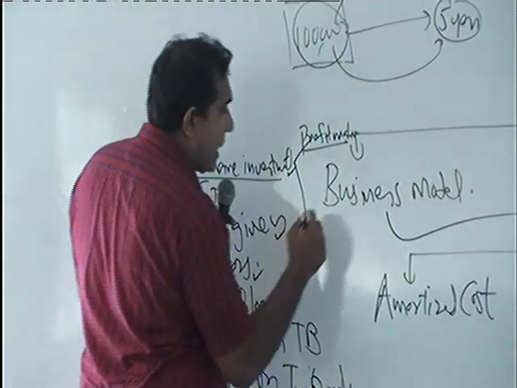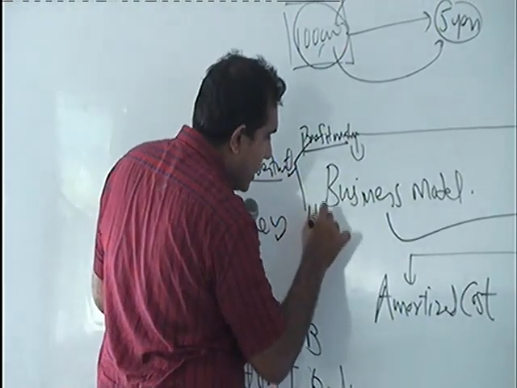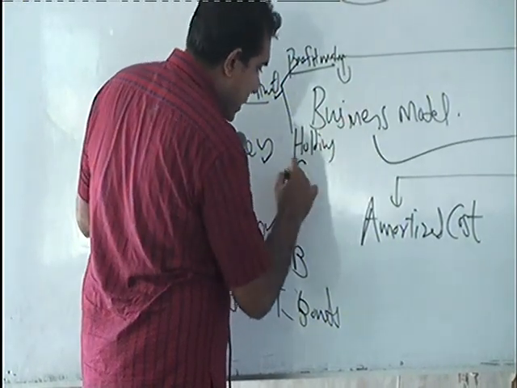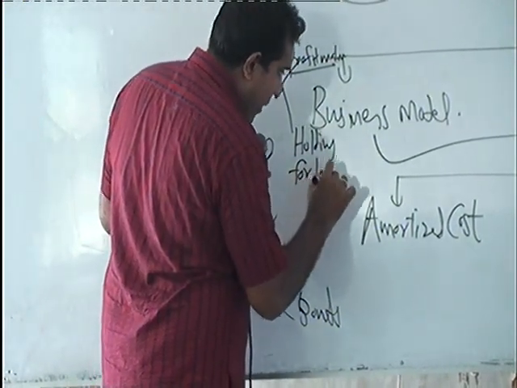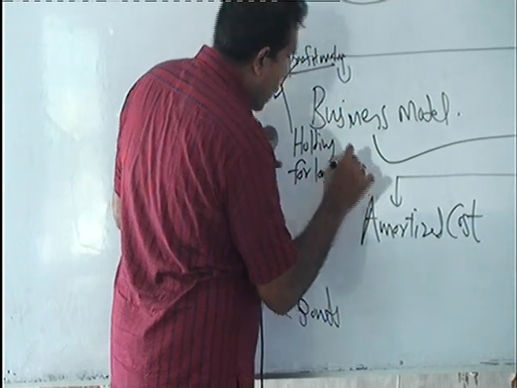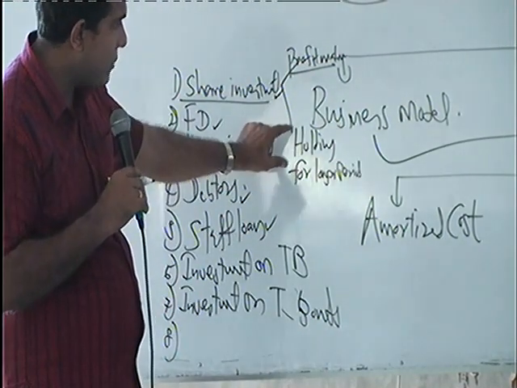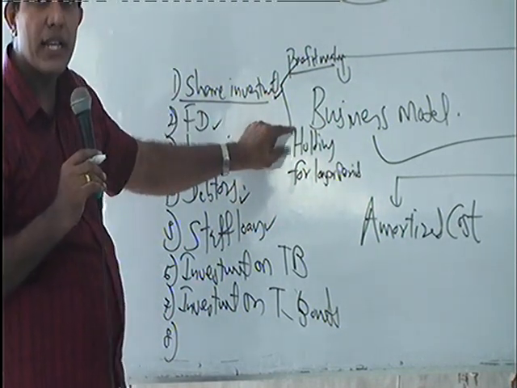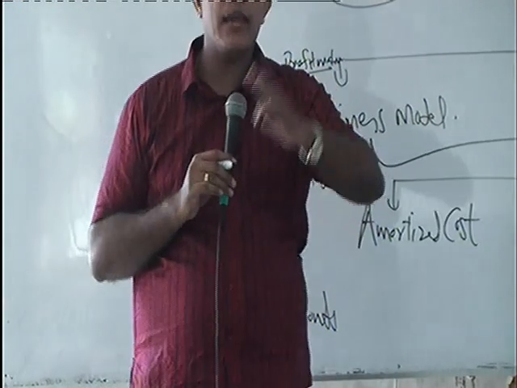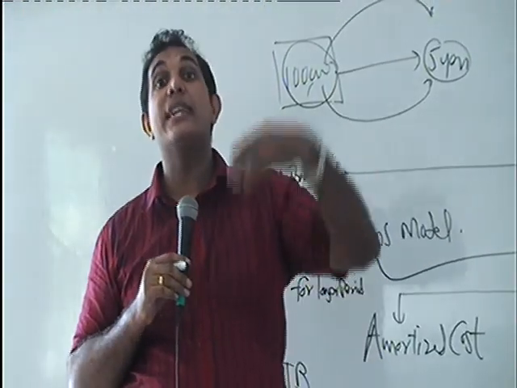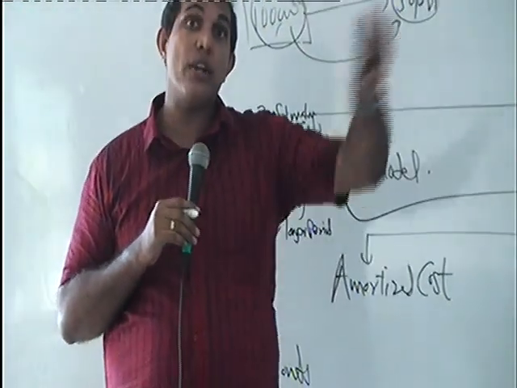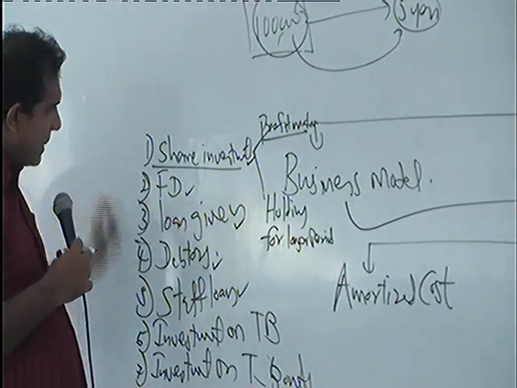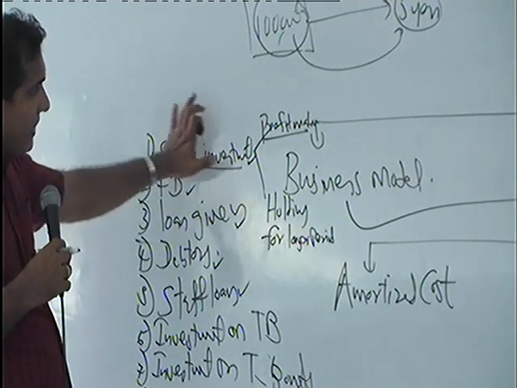Another one is holding for a longer period. This purpose of investing in shares is not for profit making, but for keeping them in order to sometimes get control of the entity, maybe a long-term investment. So these are the examples of financial assets.